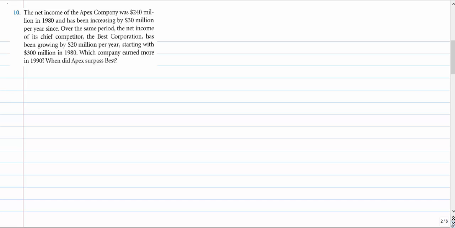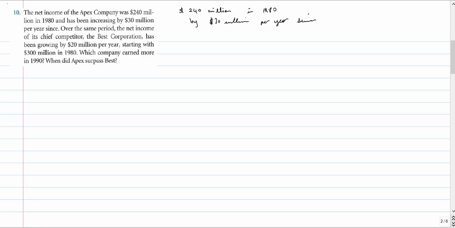Next question, 10. The net income of Apex company was 240 million in 1980 and has been increasing by 30 million per year since.